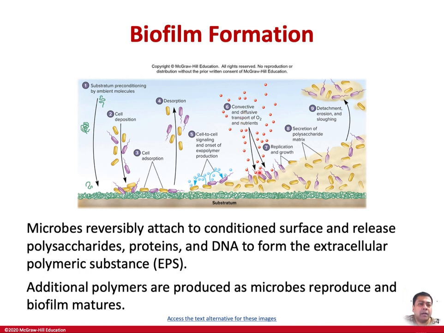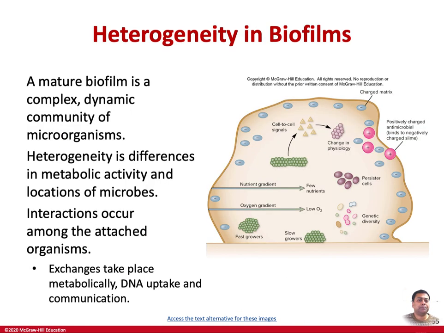On the other hand, here you are seeing the convective and diffusive transport of oxygen and other nutrients. And then what happens? Replication, growth, secretion of the polysaccharide matrix, detachment, erosion, and sloughing is the whole process. So by this process, the biofilm is formed on a surface which is preconditioned, and here the precondition is a protein that you produce to coat it.